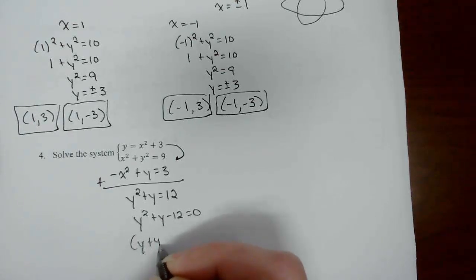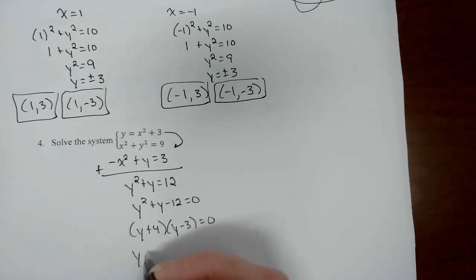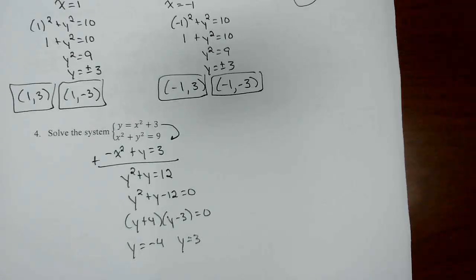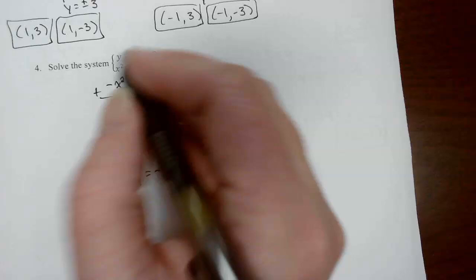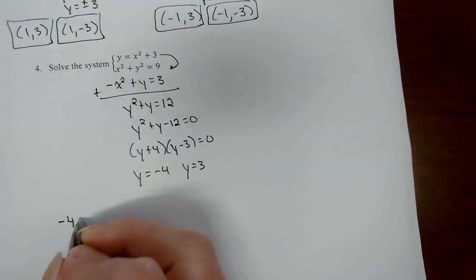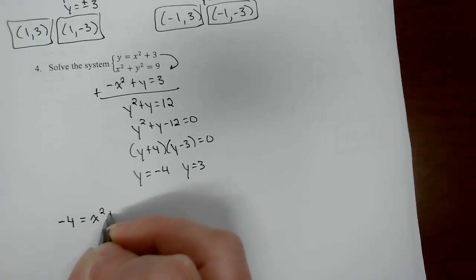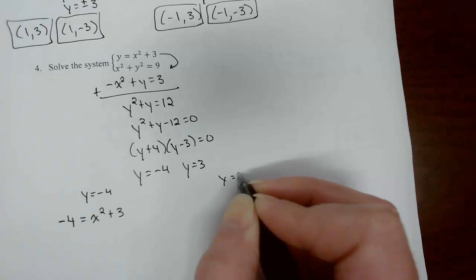Ooh, it factors. So I end up with 2 values for y. Let's plug those values back into any of the equations. I'll probably pick the first one. So this is y equals negative 4 and y equals 3.